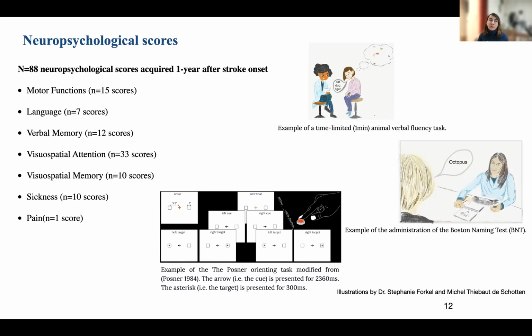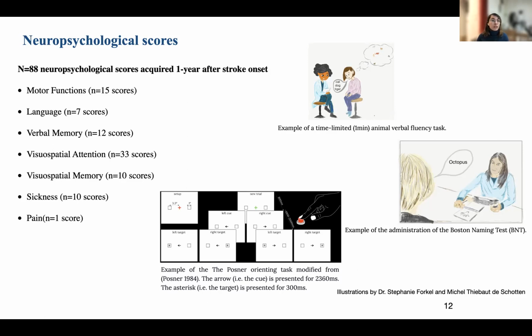Also, visual spatial attention scores were acquired, here in an illustration of the administration of the Posner orienting task, where different cues are presented and the patient is asked to indicate where the target is, for visual spatial attention information.